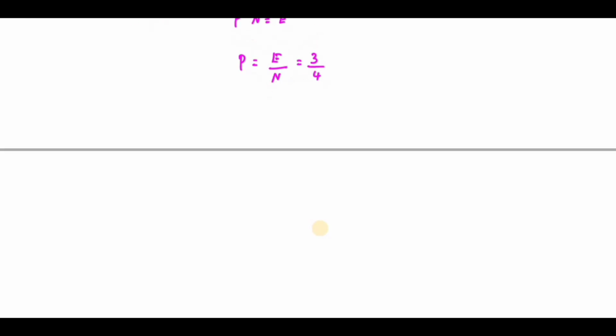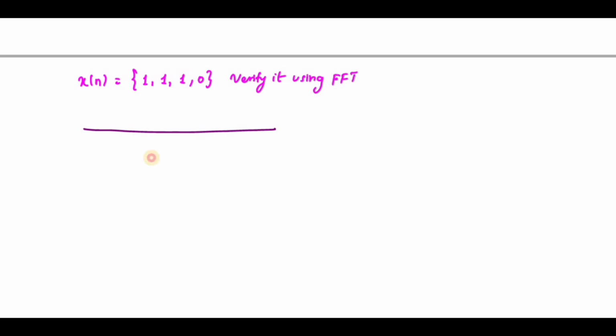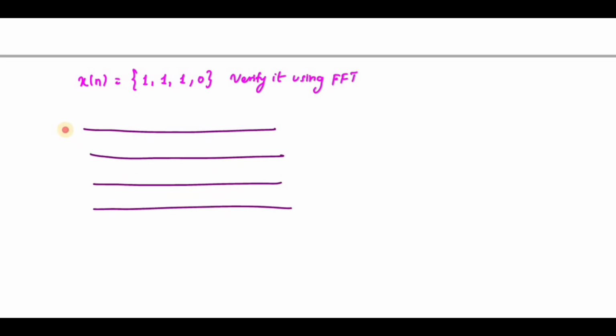Next, suppose they have given x of n. So this is a problem, right? x of n is equal to 1, 1, 1, 0, and they ask to verify it using the butterfly diagram. If this is the question, what you should do is simply draw the diagram, then substitute the values, then take the time reversal.